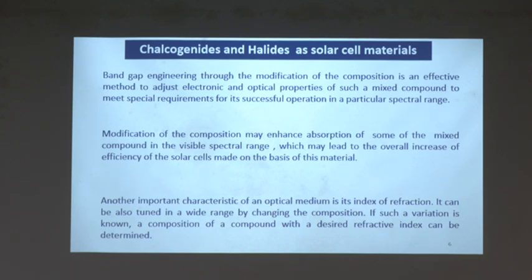Here are many good advantages for halide and chalcogenide materials because composition strongly influences them, and we are able to predict the most important electronic properties, like I told, band gap, refractive index, photoconductivity, etc.